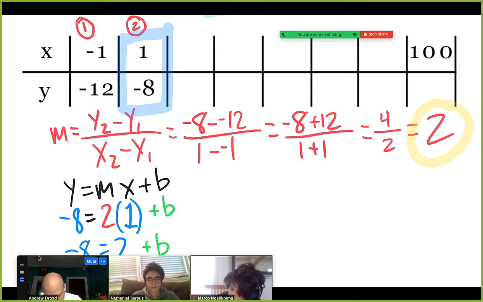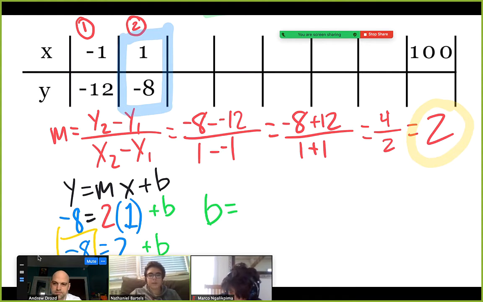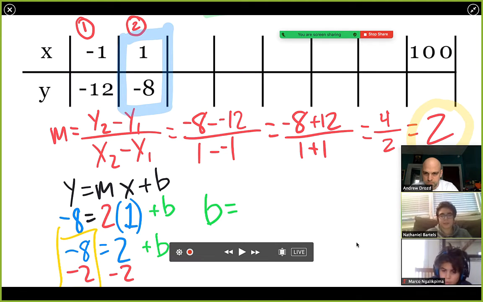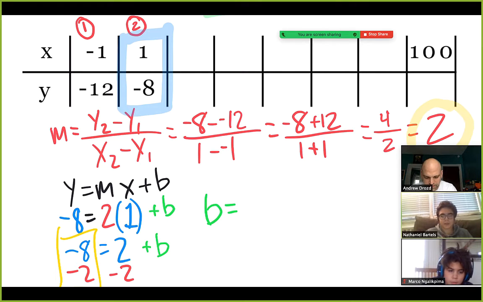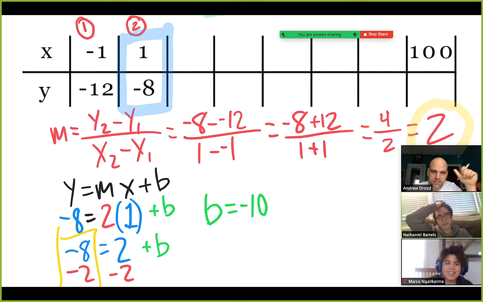And so what does that give us? Negative 8, and we're going to subtract 2. Negative 6. Wait, negative 8 minus 2 is going to be negative 10. Oh my gosh. No worries, we're going an additional 2 units away from 0, and so you're doing great.